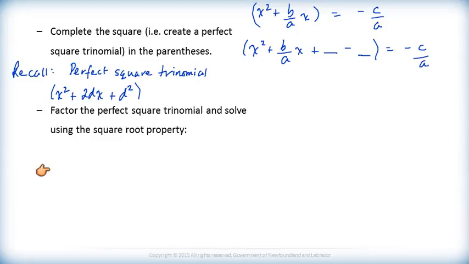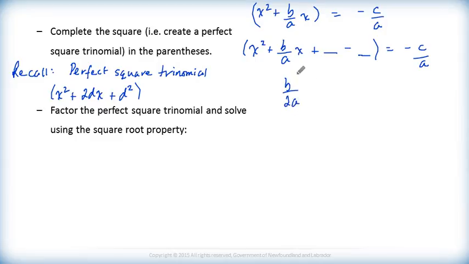Now recall from earlier recordings that a perfect square trinomial has the form x squared plus 2dx plus d squared. So this b over a is twice the value of d that we need. So in other words, we're going to have to divide this by 2 before we square it. And so since we divide this by 2, we'll get b over 2a.